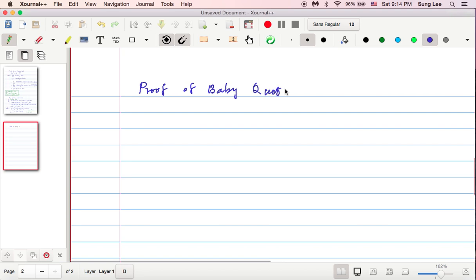You can kind of guess from this name that there will be a quotient rule. There is. So this is a simpler version, or special case, of the quotient rule.